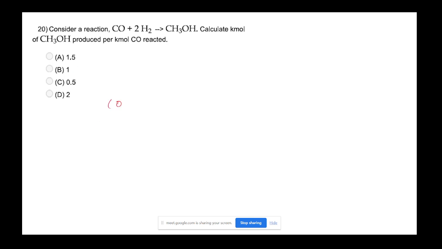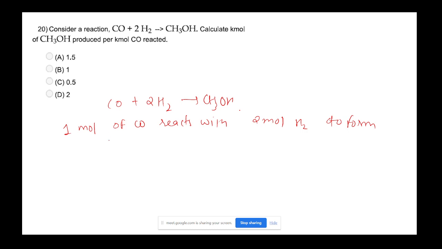For that, what does the reaction mean? 1 mole of CO reacts with 2 moles of H2 to form 1 mole of CH3OH.